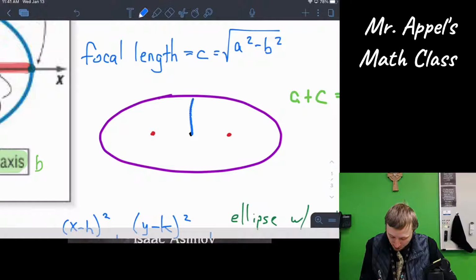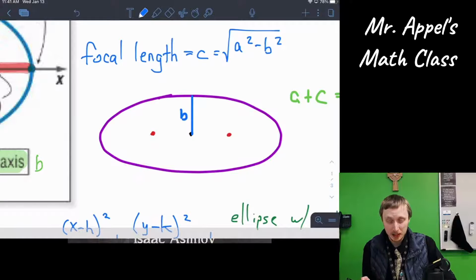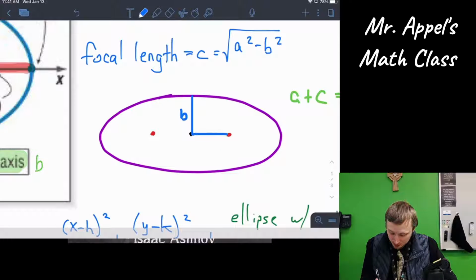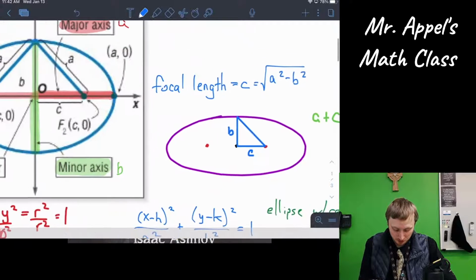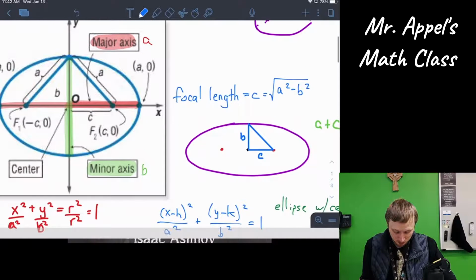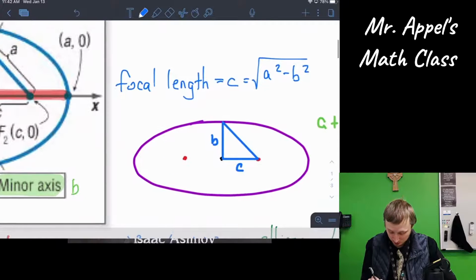We have, in this case, the minor axis out here, so that'll be B. We have the distance to the focus there, that'll be C. And we have the major axis, half the major axis length is A there. What does this remind you of?